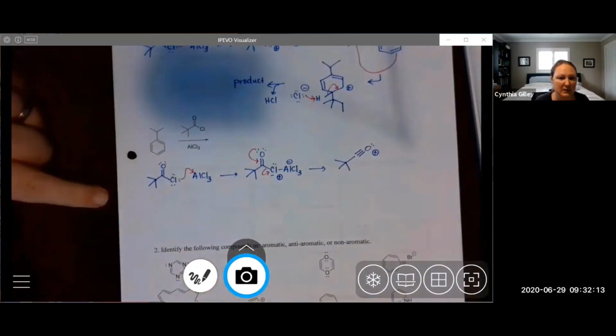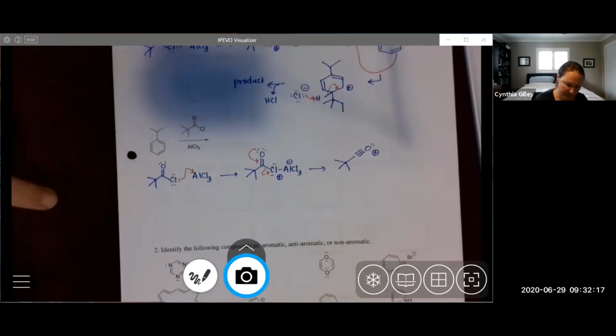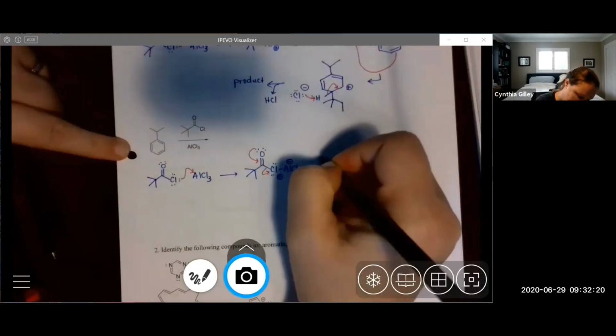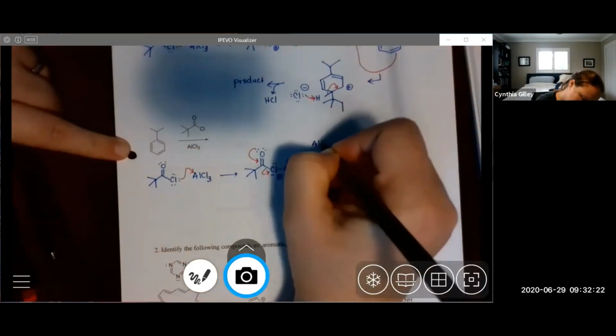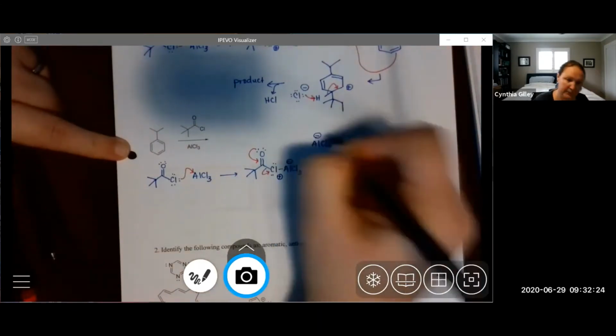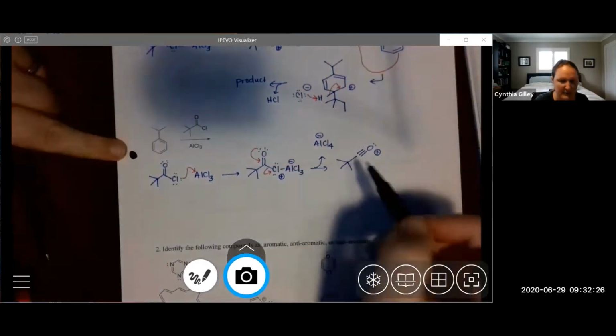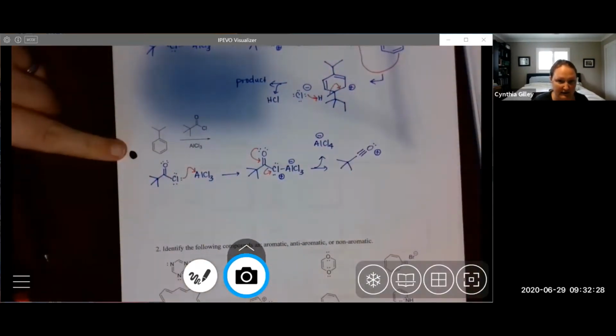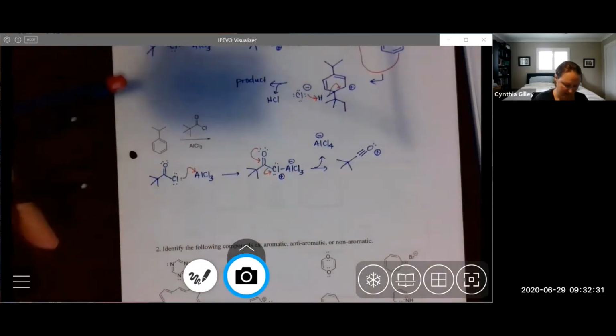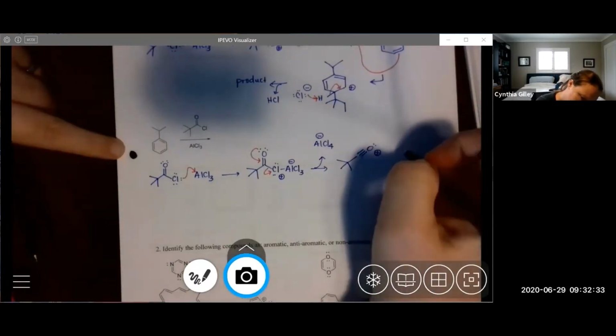This is the more stable resonance contributor, so that's why I opted to generate that one. A byproduct of this step will be the leaving group. Now that we have the acylium ion, which is the active electrophile in this reaction, we can go ahead and get the aromatic ring involved.